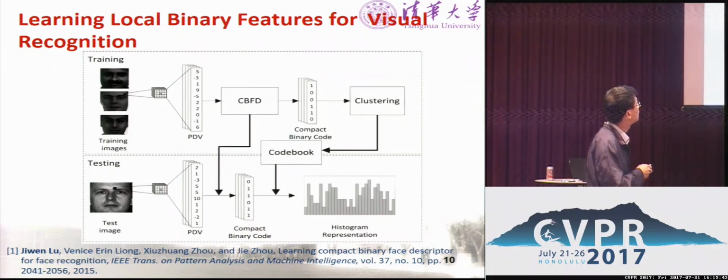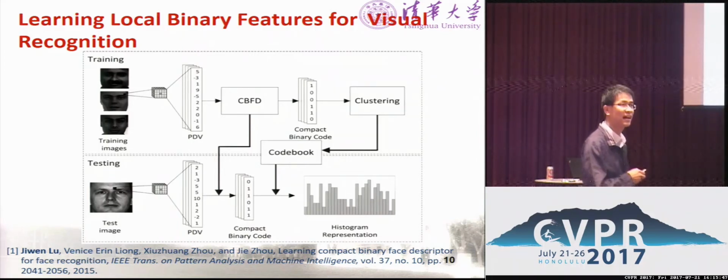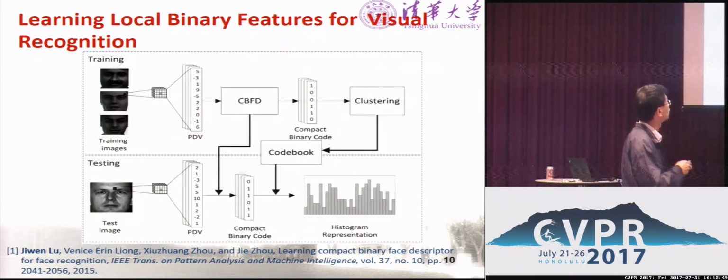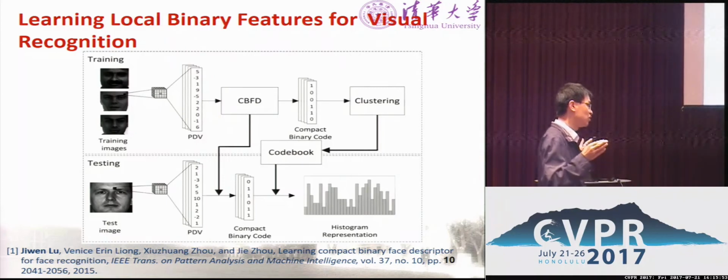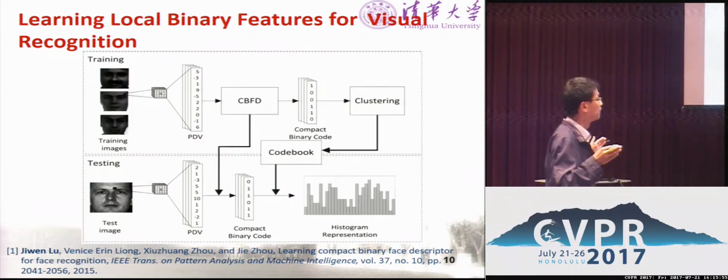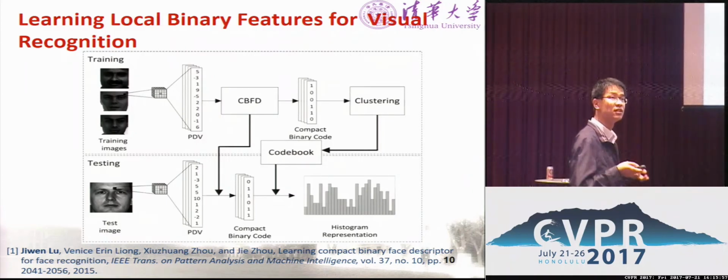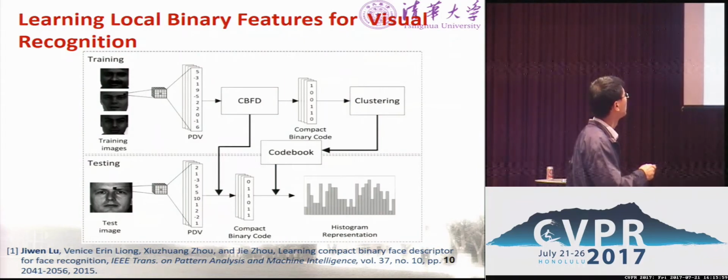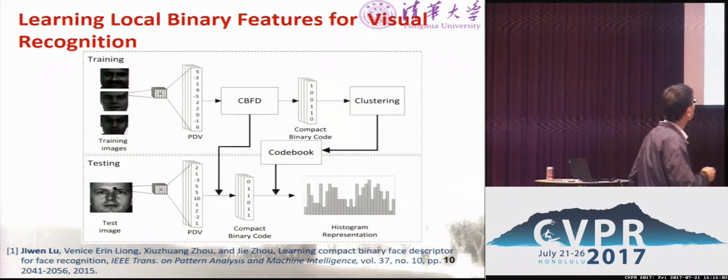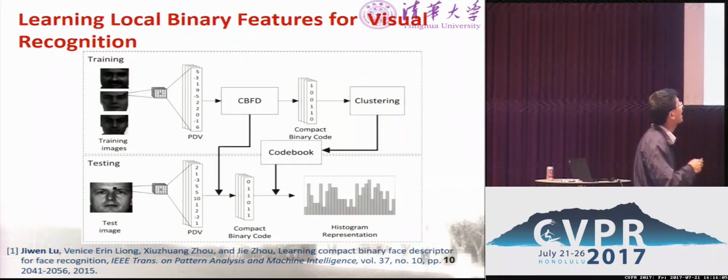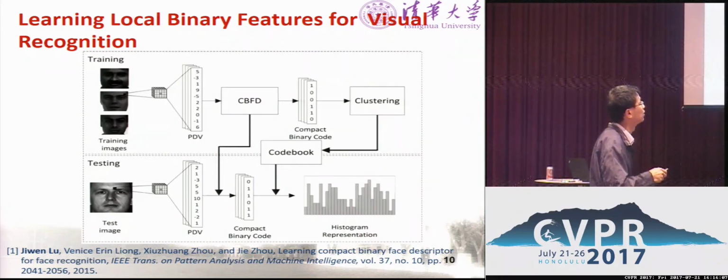If the size of the patch is 9 by 9, the feature dimension of this PDV vector is 80. Sometimes we find that there is some redundancy in this PDV vector because neighboring pixels usually have redundant information in the image patch. So what we want to do is map this high dimensional PDV feature vector into a low dimensional binary space, a binary feature descriptor.